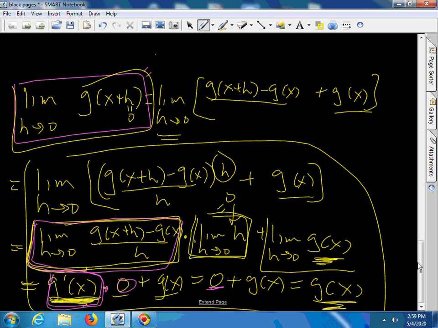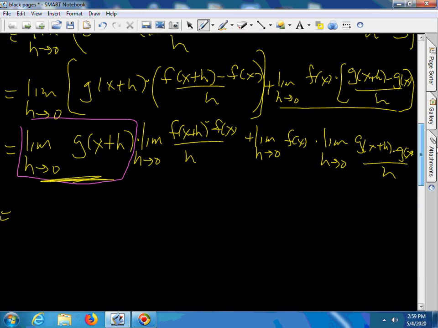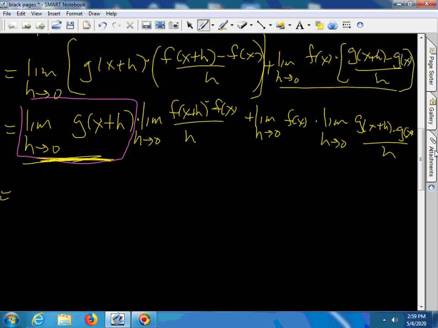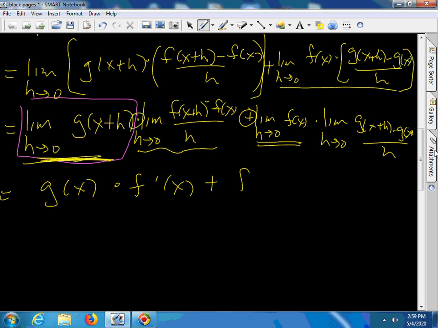So that limit is g of x. That is, this limit here is g of x times, well, that limit is just f prime of x, plus this limit, just like earlier, f of x has nothing to do with h, so it's like a constant, times this limit, which is g prime of x.